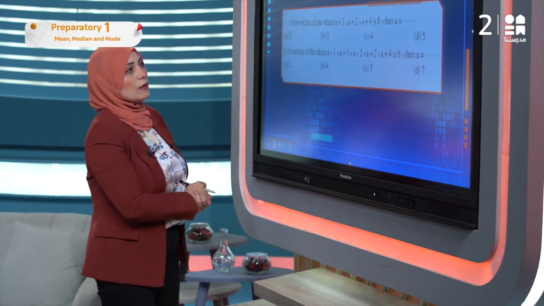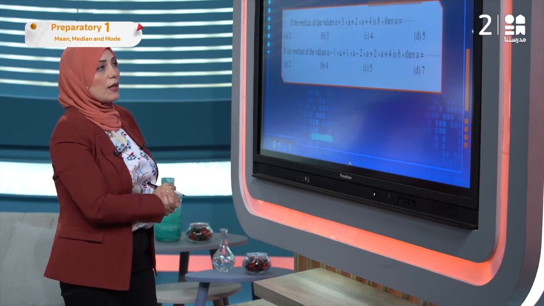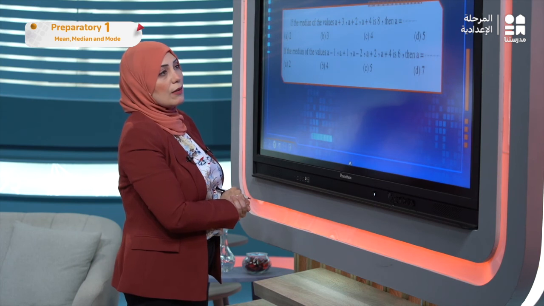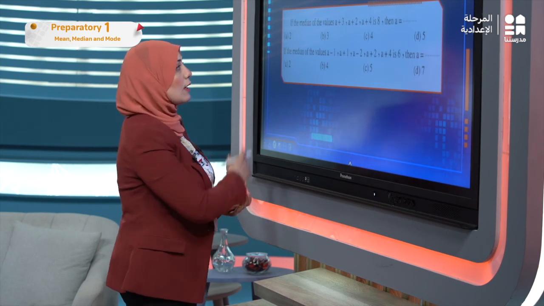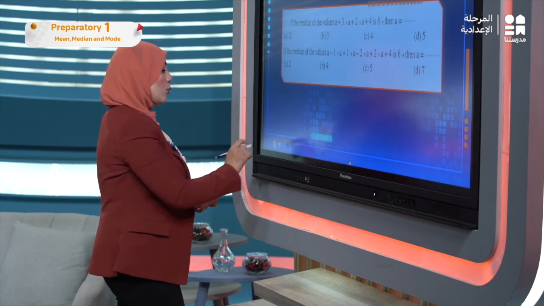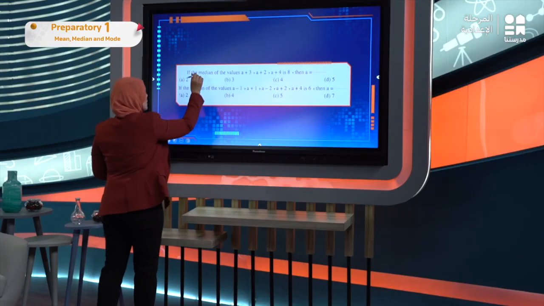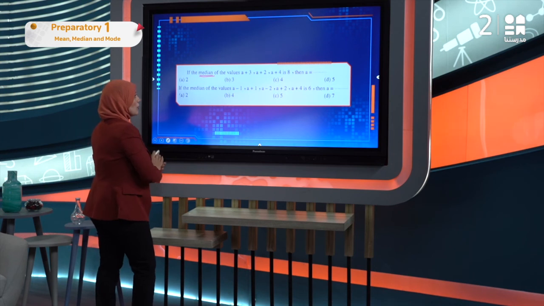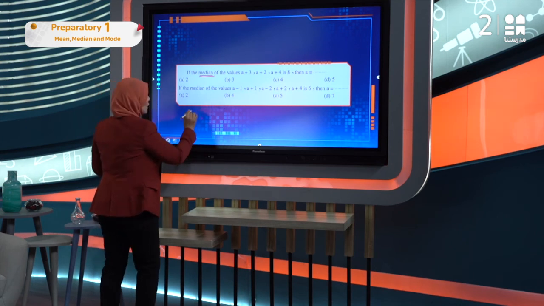Another one. If the median of the values a plus 3, a plus 2, a plus 4 is 8, then a equals, and I have choices. When you see the word median, immediately we have to order them. So let's arrange them.